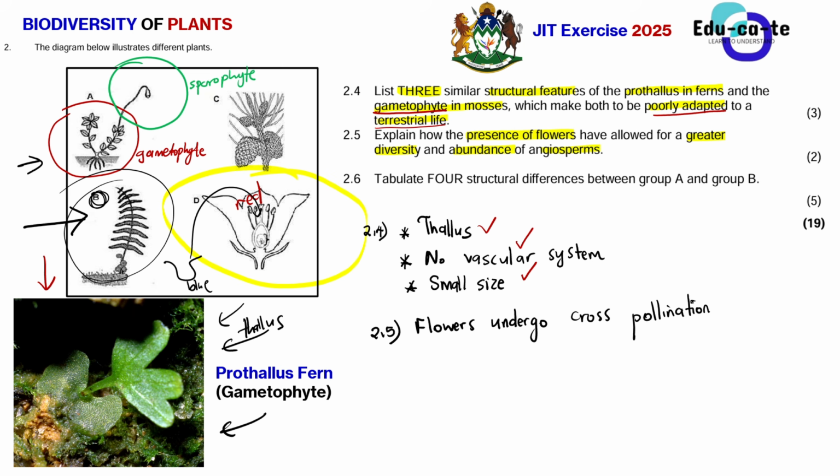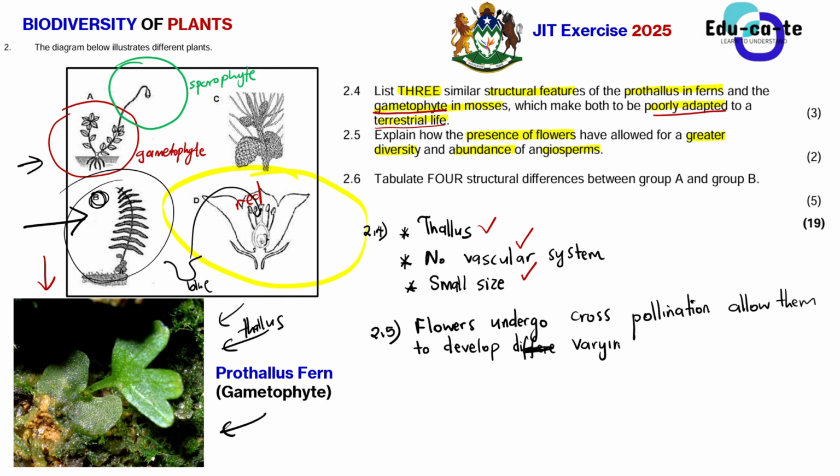So flowers undergo cross-pollination, allowing them to develop or to form different embryos. You can say varying embryos.